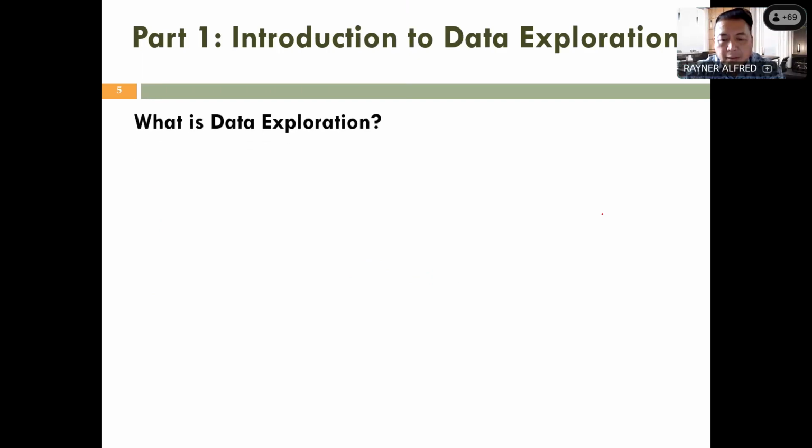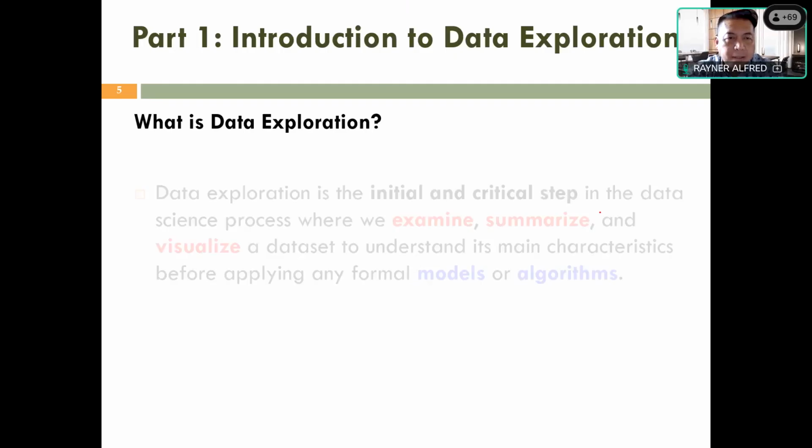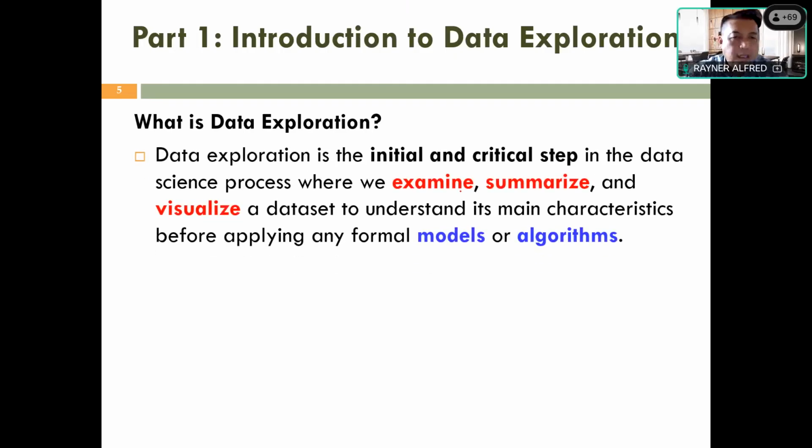The definition of data exploration can be coined as follows. Data exploration is the initial and critical step in the data science process in which we look into the data and try to simplify and summarize, and if you have the tools, you can visualize the data set in order to look into the trend, the pattern, relationship, and also the anomalies of the data.